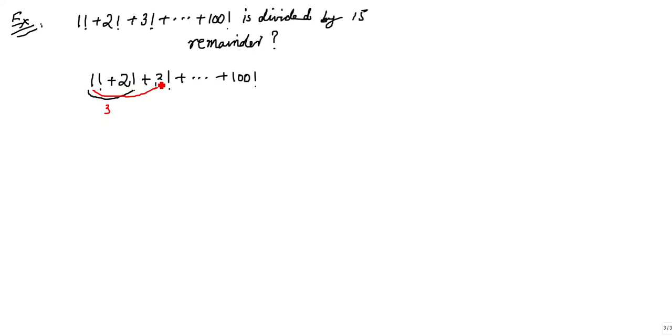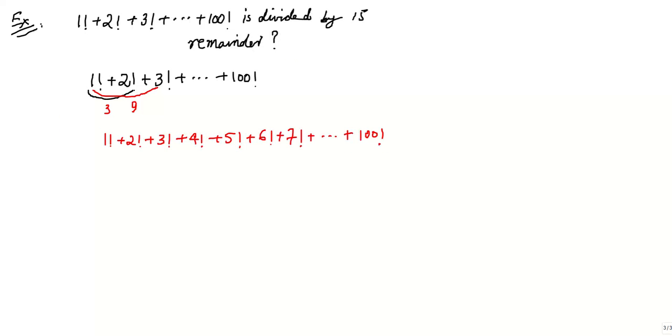This is 3, and 3 factorial is 6, 6 plus 3 is 9. Okay, let me write more numbers. 1 factorial plus 2 factorial plus 3 factorial plus 4 factorial plus 5 factorial plus 6 factorial plus 7 factorial and so on till 100 factorial.